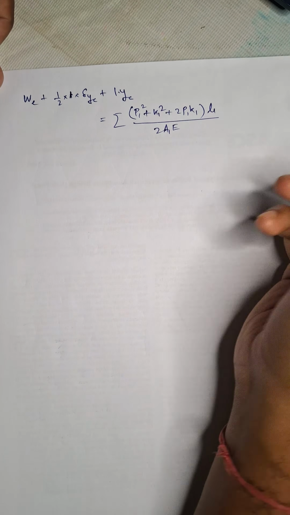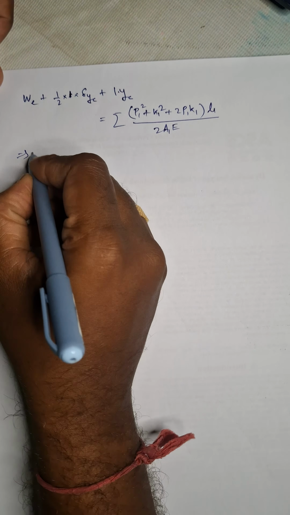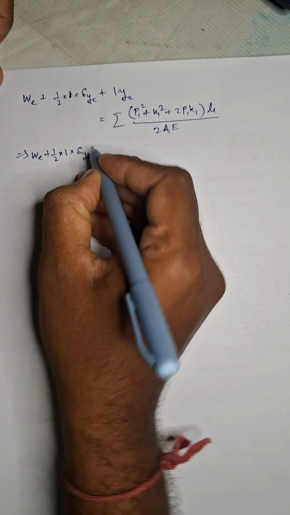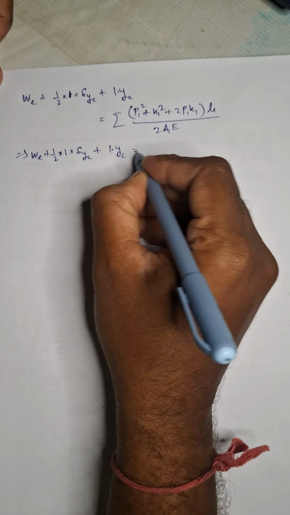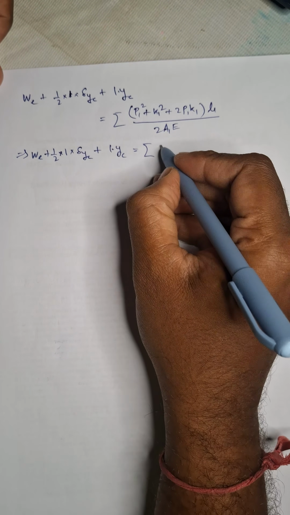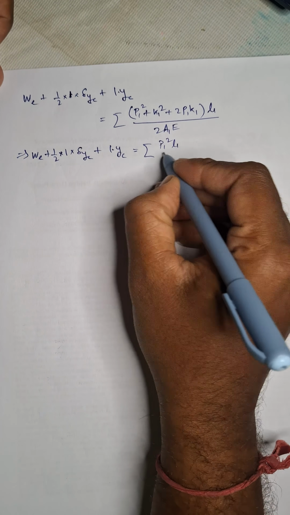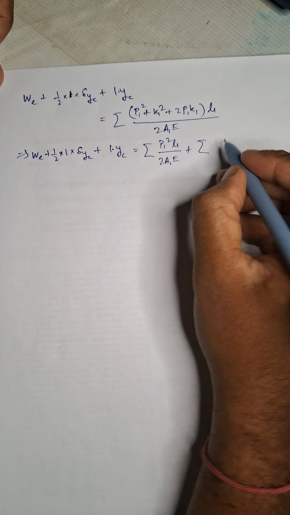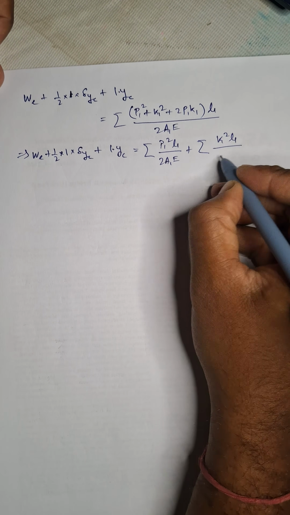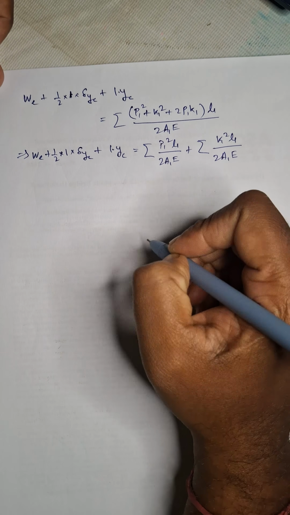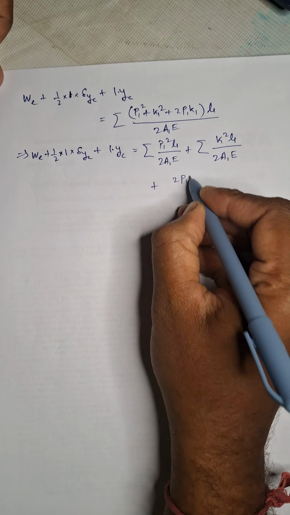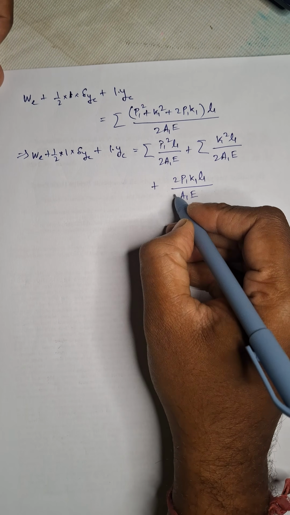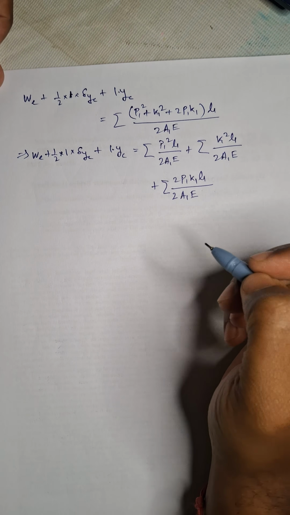If you simplify this again, we can write this as WE plus half into 1 into del yc plus 1 into yc is equal to summation of P1 square into L1 divided by 2A1E plus summation of K1 square into L1 divided by 2A1E plus 2P1 K1 L1 divided by A1E, summation.